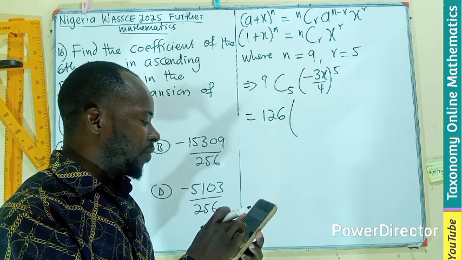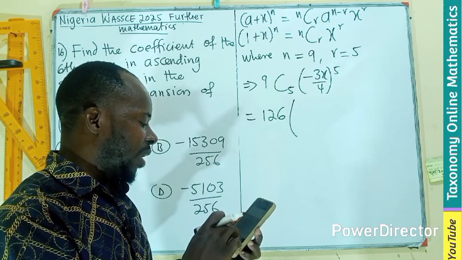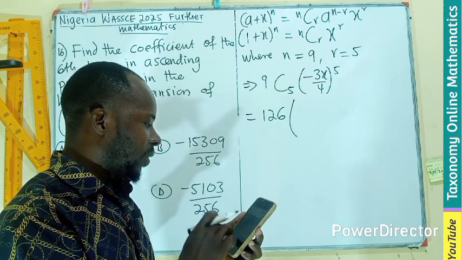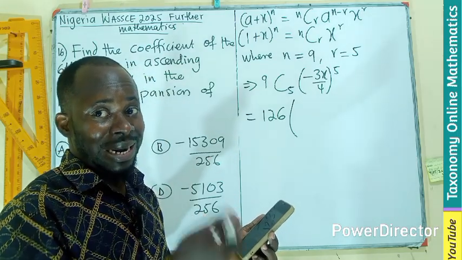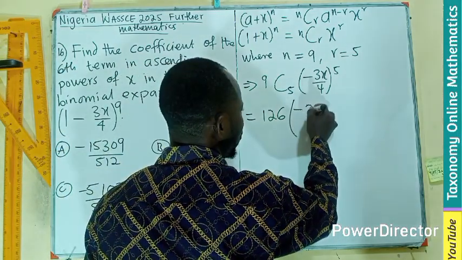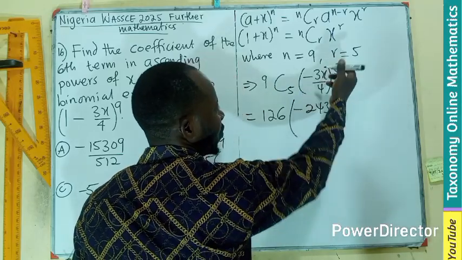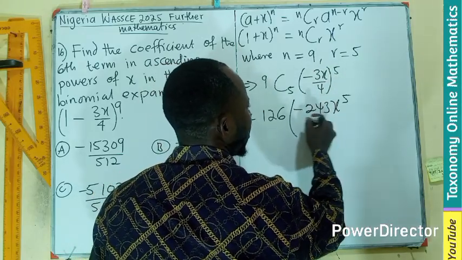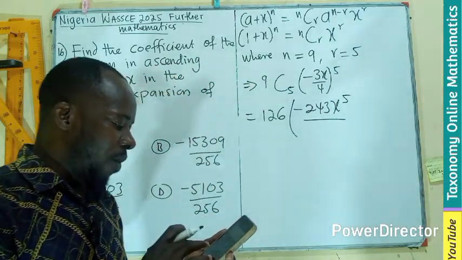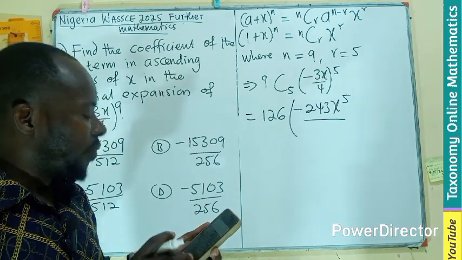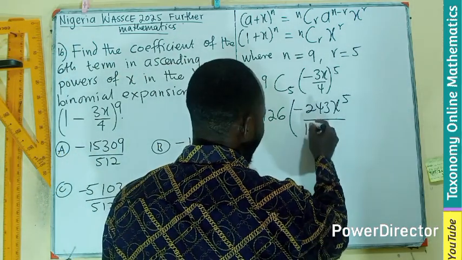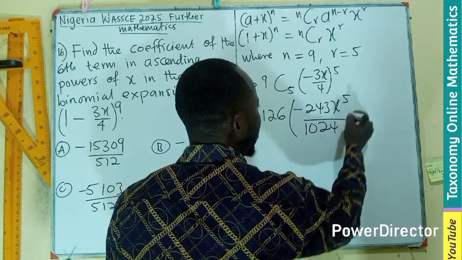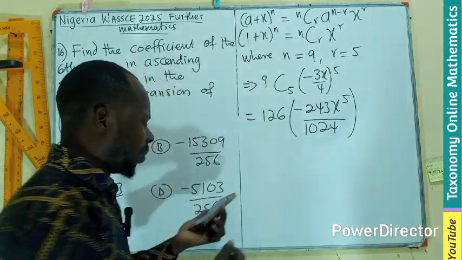So we just pick 3 exponent 5, and that will be 243, but negative. So negative 243 x to the power 5, then divided by 4 also raised to the power 5, since we are having that as a fraction, and that will give us 1024. This is multiplying that.